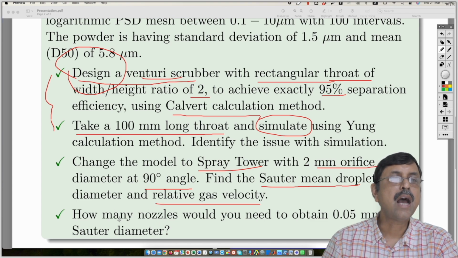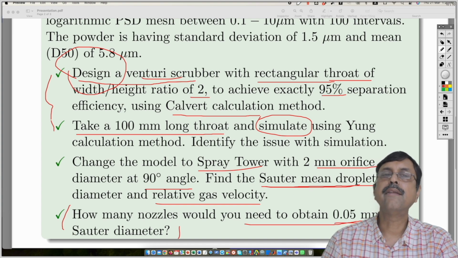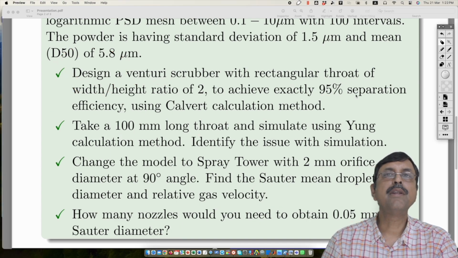And they are asking how many nozzles would you need to obtain 0.05 millimeter Sauter diameter. So this is also a kind of design problem. In the first problem, what should be the Sauter mean droplet diameter? In the second, we are specifying that we need 0.05 millimeter Sauter diameter, and in order to have that, how many nozzles we need. So this is the problem in short.